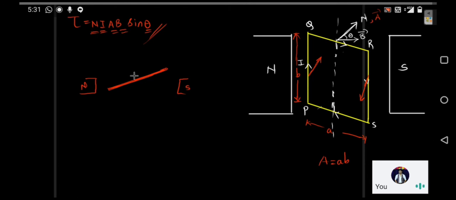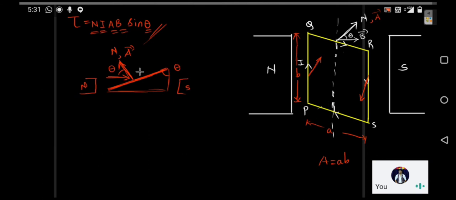Since it is pulled down on this side and pulled up on this side, this is going to be your area vector, or the normal. This is going to be your magnetic field. So the angle over here is theta. If I join this, by geometry this one is going to become theta.